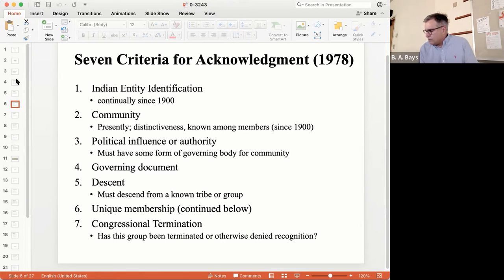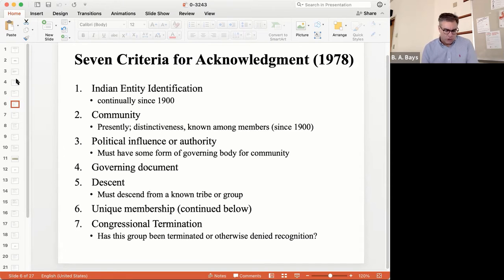And then, of course, there's descent. The groups have to have some connection, some historical descent from an historical known group. And there are lots of those that are not federally recognized, surprisingly, maybe not surprisingly.